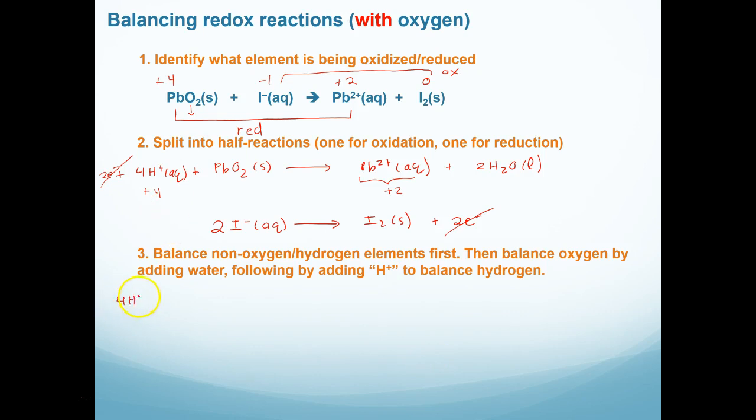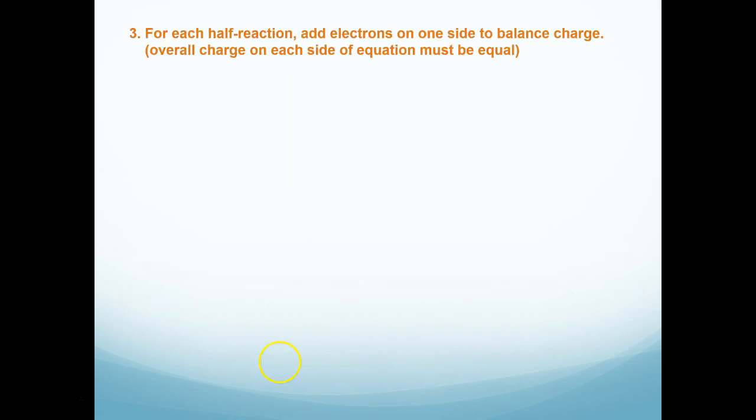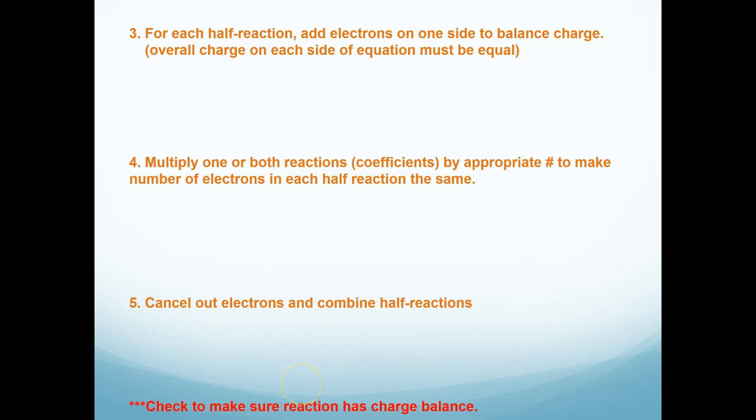I have 4H plus aqueous, and I have lead oxide, solid, plus 2 iodide aqueous, and I'm going to form lead with a 2 plus charge plus 2 water molecules plus iodine, and this is what I have in the end. Okay, so just as a last check, always make sure you have charge balance.